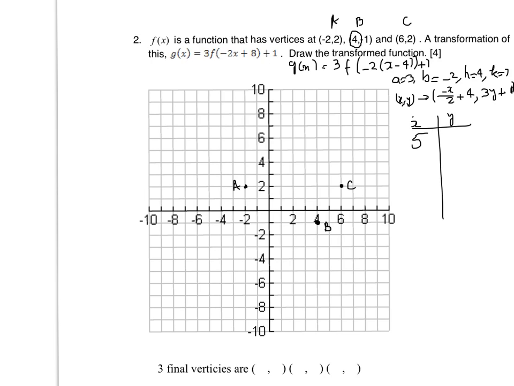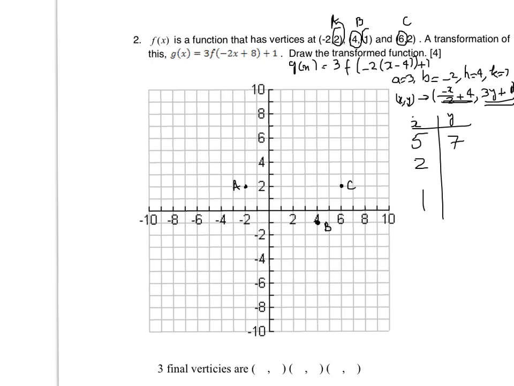And negative 2 plus 4 is going to give me 2. Again, I take this point, put it in this expression, and then simplify. 6 times negative 1 over 2 gives me negative 3 plus 4 is 1. Now I do the same thing for the y coordinate of the original and put it here. So 2 times 3 is 6 plus 1 is 7.